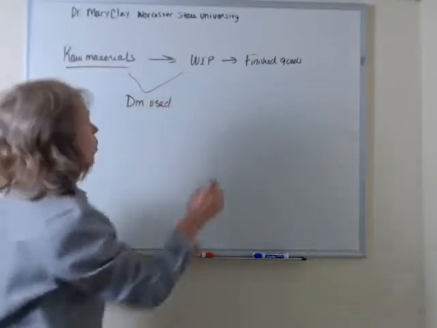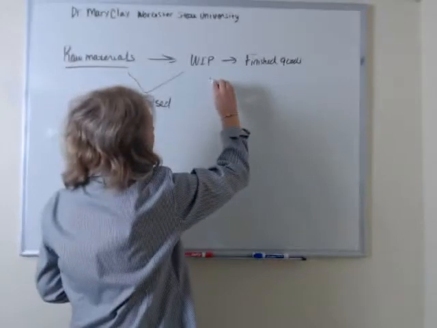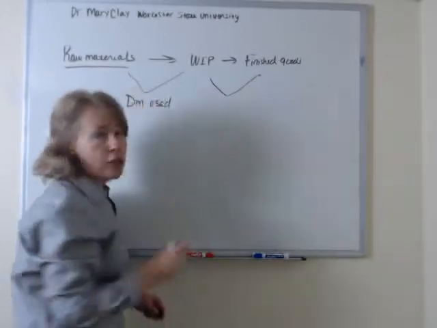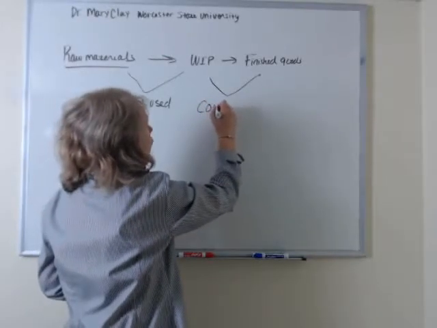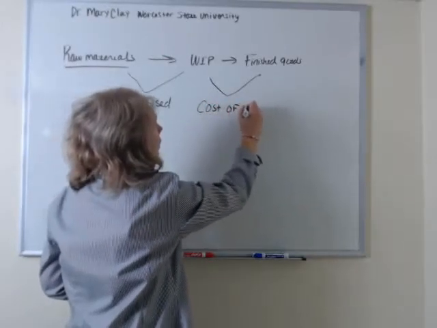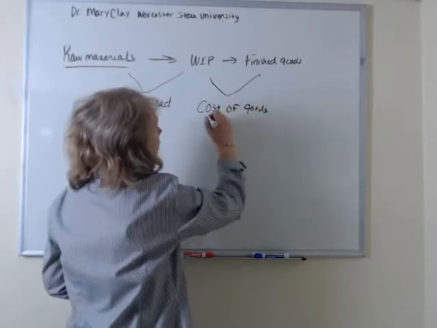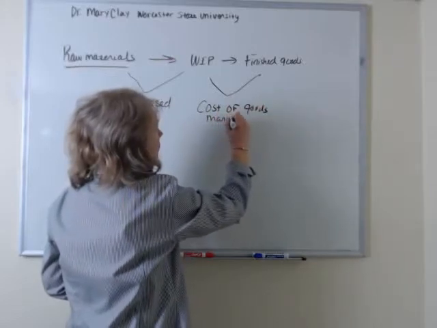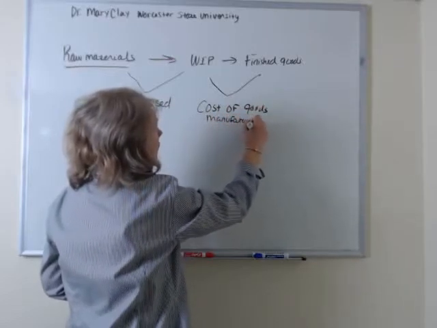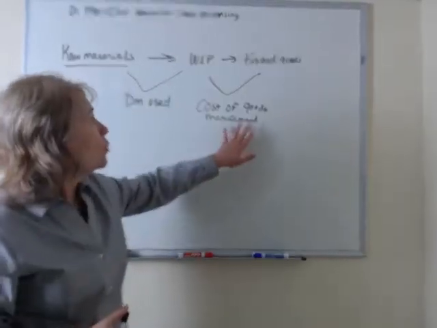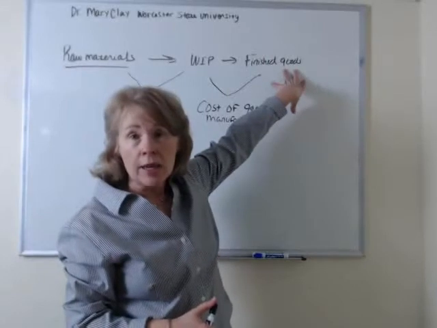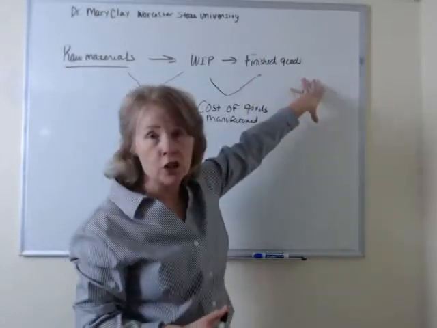In between work in process and finished goods, you will figure out cost of goods manufactured. So the cost of goods manufactured will be the cost of those products manufactured to finished goods.